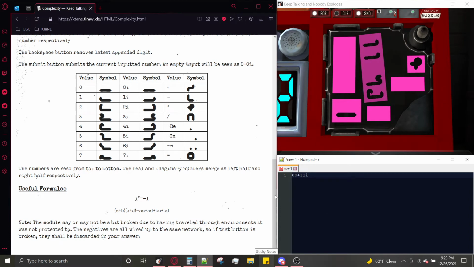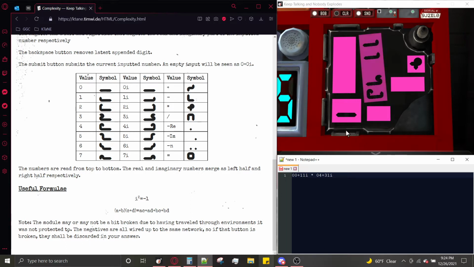So whatever this number is, it's 0, 0 plus 1, 1, i. And then we're going to take this operator, which is multiplication. Then the first digit of the second number on the left is 0. The second digit is a 4. That's the end of the real part, so we're going to put a plus sign in between the part with and without the i. And on the right side, we have 3, 1, i.